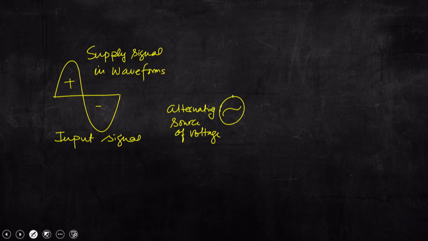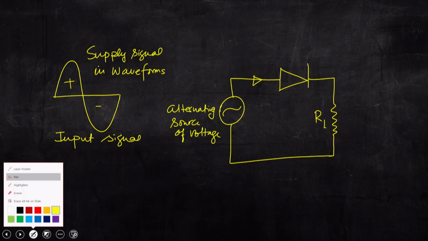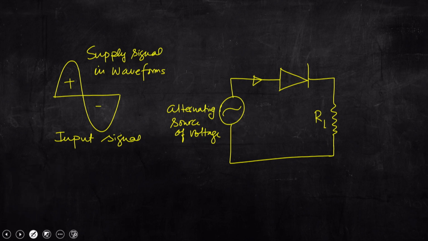Then we use a junction diode, and we have a resistor, say this is R L, and then we try to draw the output signal in waveforms.